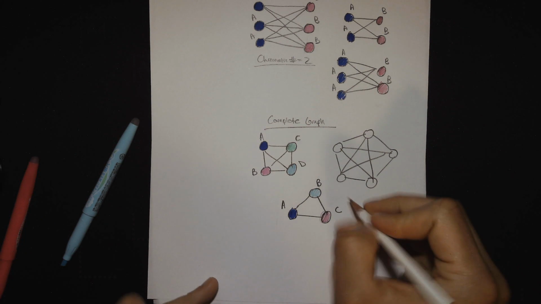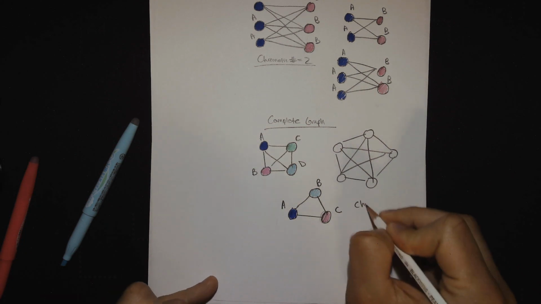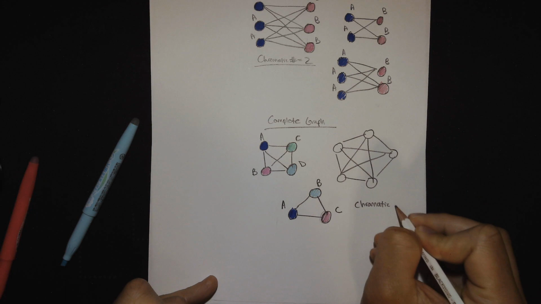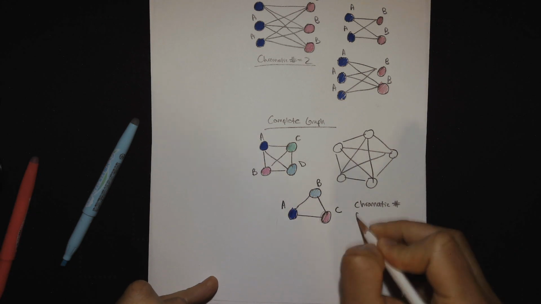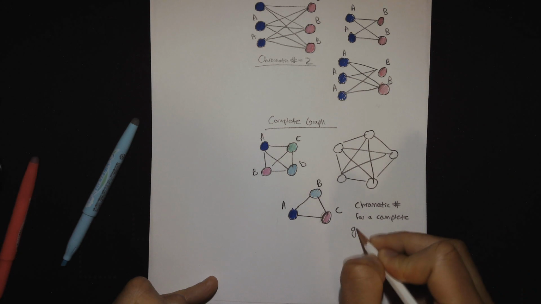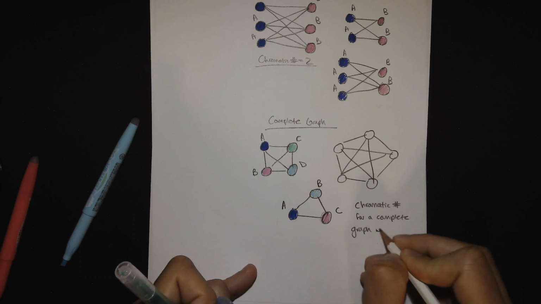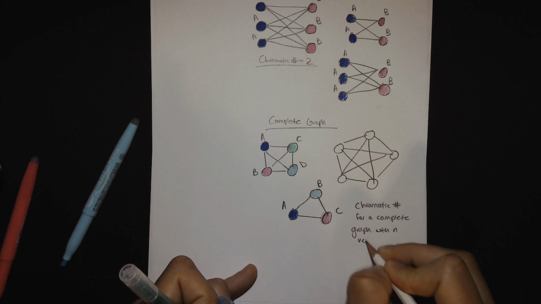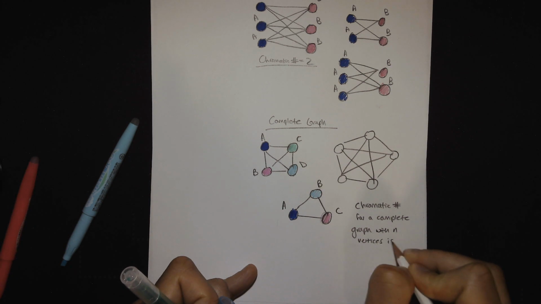So what we can reason from this is that the chromatic number for a complete graph with n vertices is n.